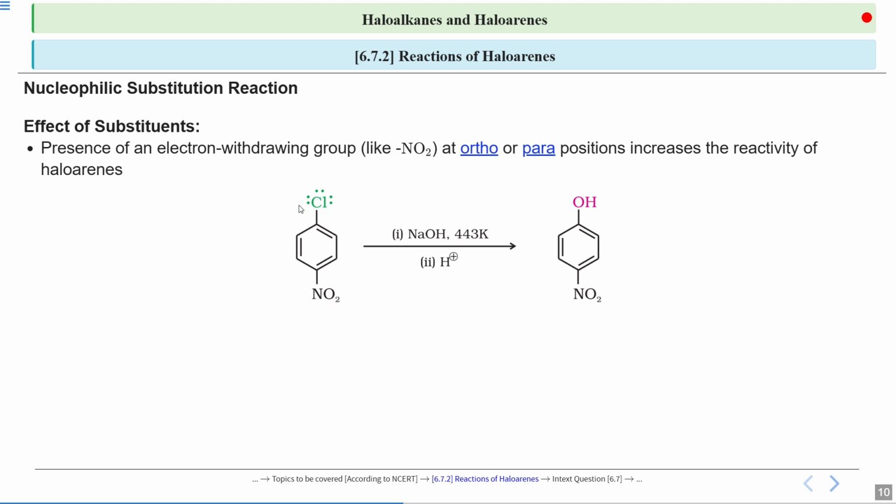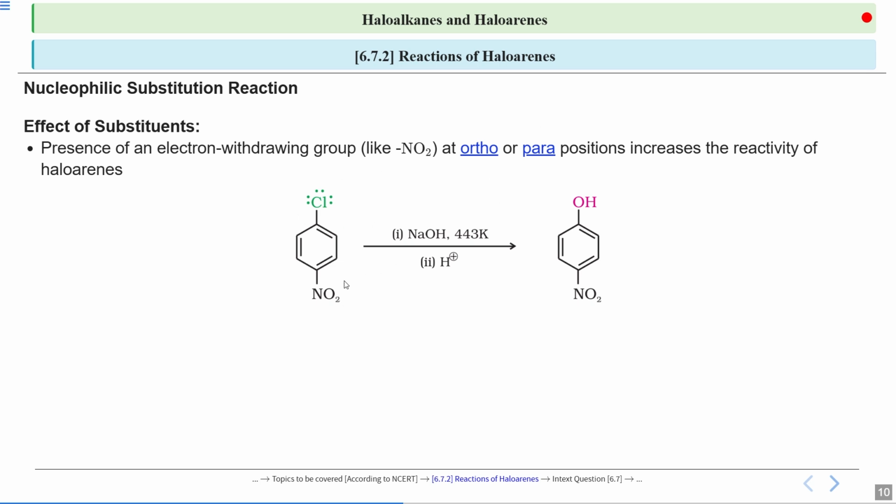You are treating it with sodium hydroxide at a little lesser temperature, 443 Kelvin. We are doing the same reaction of substitution of the chlorine, that is, substitution of the halogen.